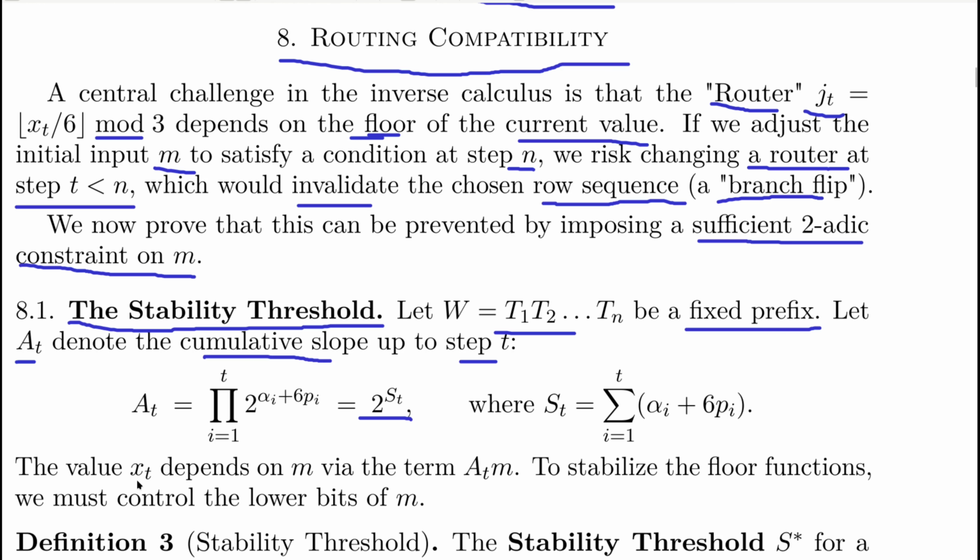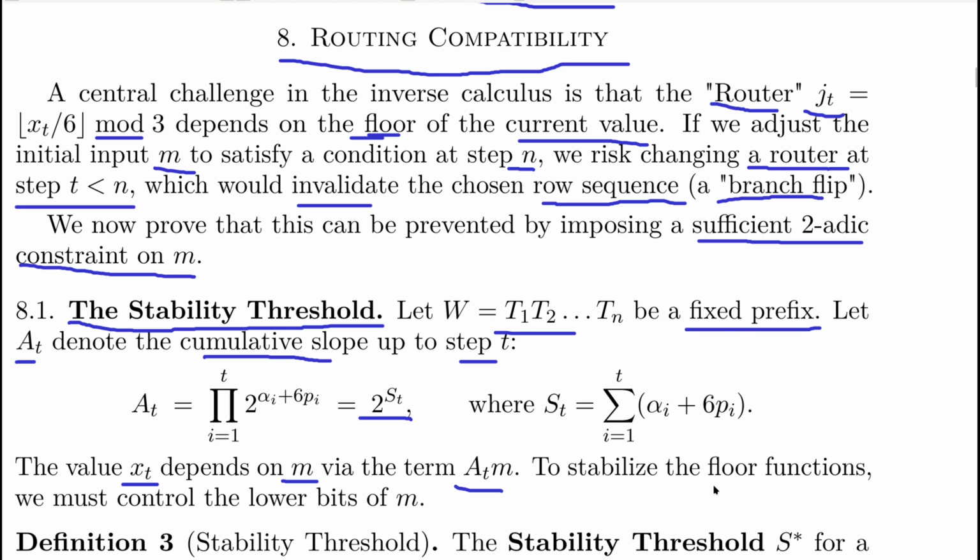Right? So the value x_T depends on m via the term A_T m. Right, so in the normal affine form, A_T m is the first term.